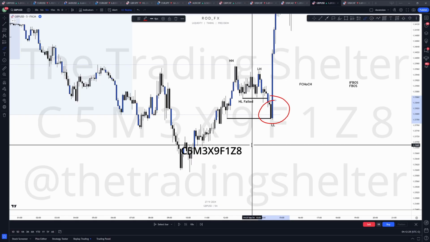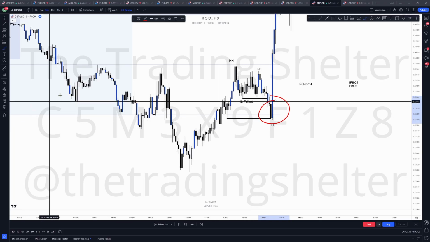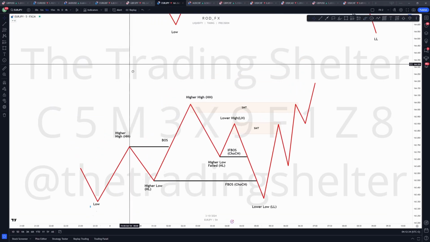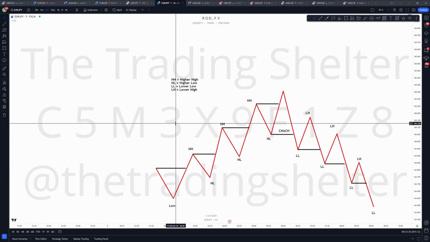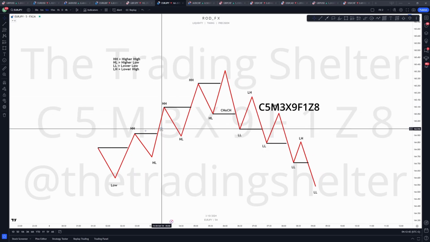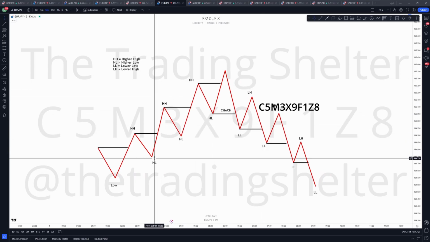You need to understand the difference between a higher low, a higher high, a lower low, and a lower high. So if you need to, practice this and understand that this is how traders use it.